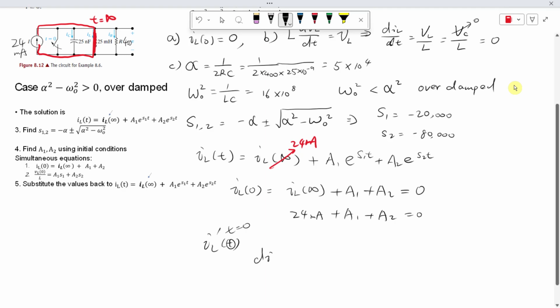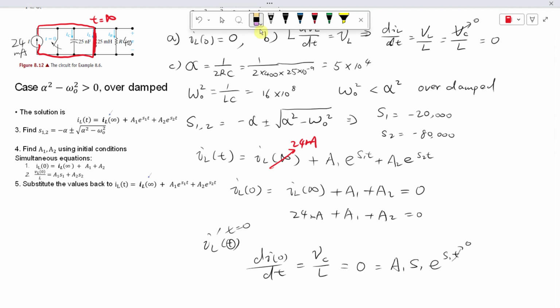Then you get diL(0)/dt, which equals vC over L, because vC is 0, or vC equals vL since it's parallel, so the whole thing equals 0. When you take the derivative of every term, the constant is gone, and you get A1 S1 because of the e to the S1 t term. If you plug t equal to 0, the exponential equals 1, which is why it's not shown here.